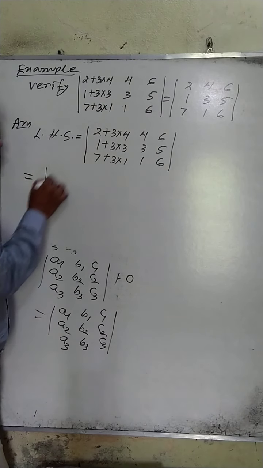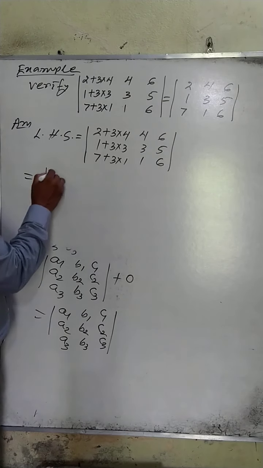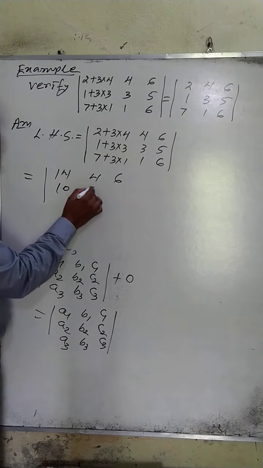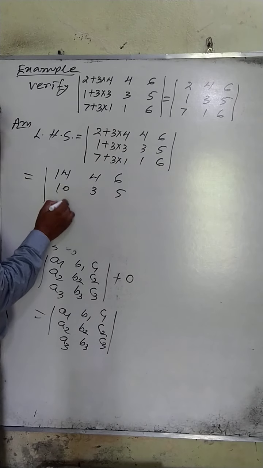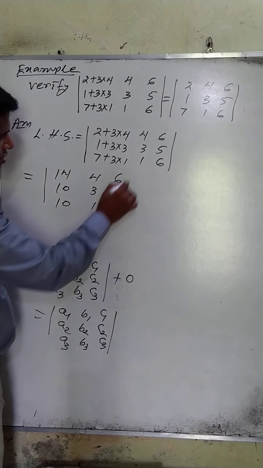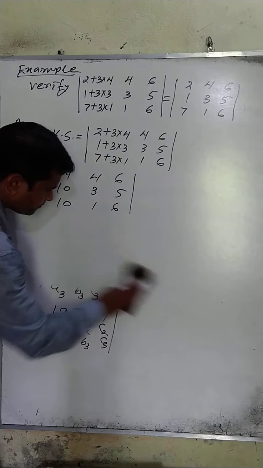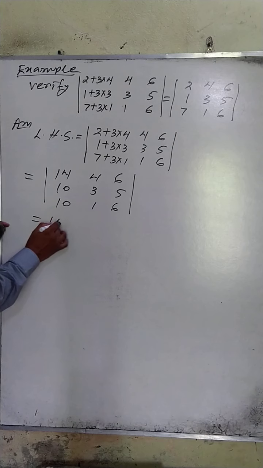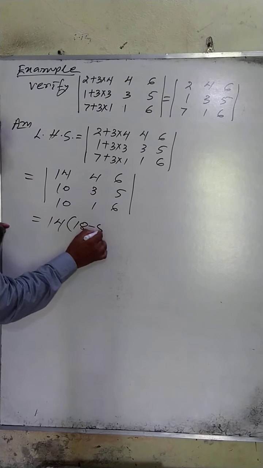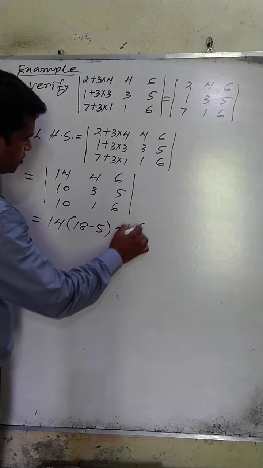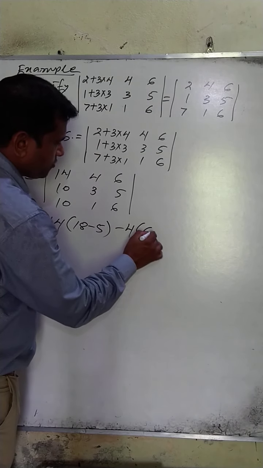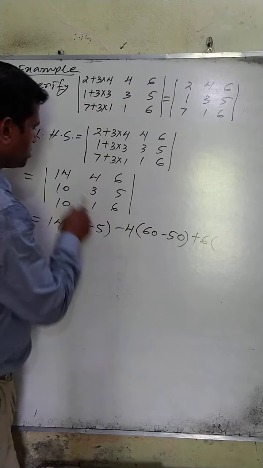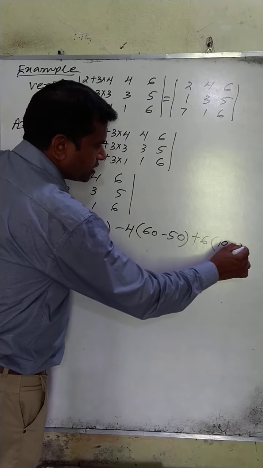That equals 14, 4, 6, 10, 3, 5, 10, 1, 6. Now we expand it. 14 into 18 minus 5, minus 4 into 60 minus 50, plus 6 into 10 minus 30.